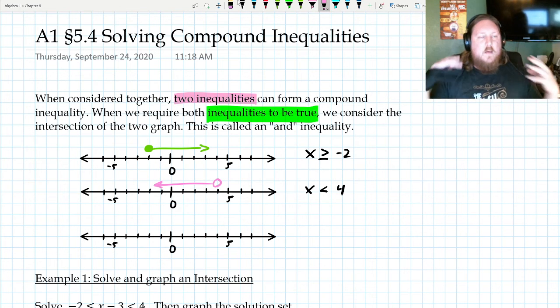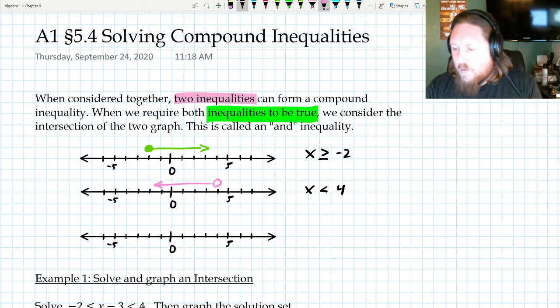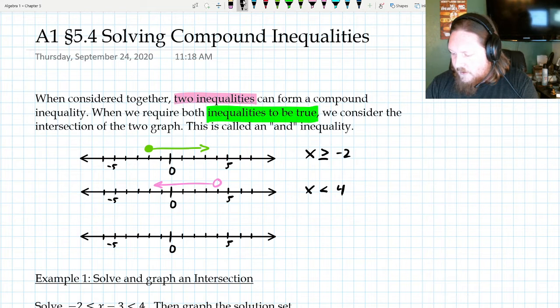So let's say we have these two inequalities, and we want them to be true at the same time. So what we're looking for is an inequality, and we can write it two different ways. We can write it simply x is greater than or equal to -2 and x is less than 4.